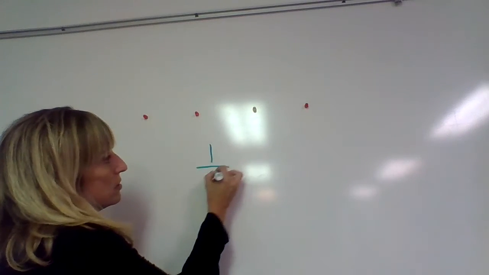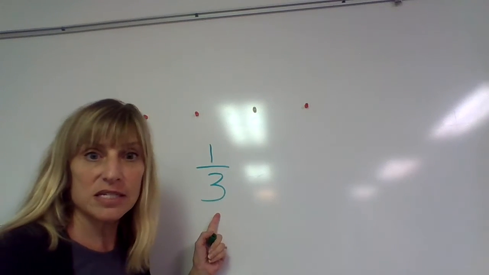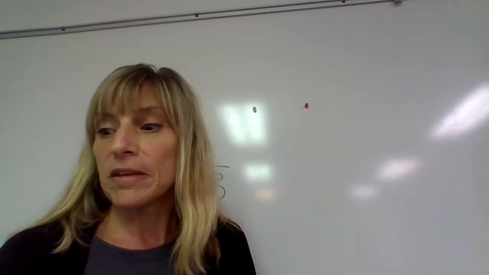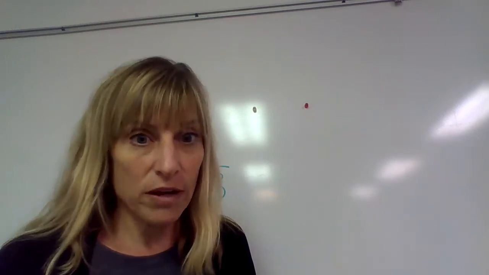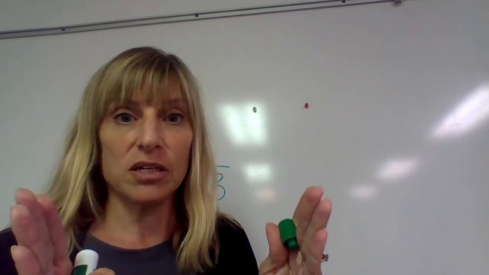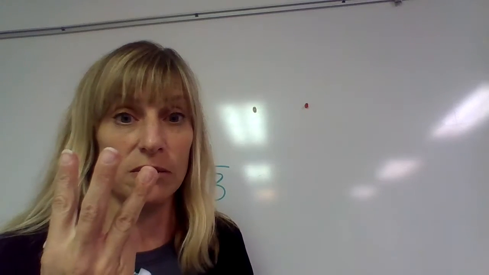It says, circle 1/3 of the wildflowers Jenny and Emily saw at the campground. Okay, circle 1/3. 1/3 looks like this. It does not say circle 3 of the wildflowers. 1/3 is completely different than just 3.